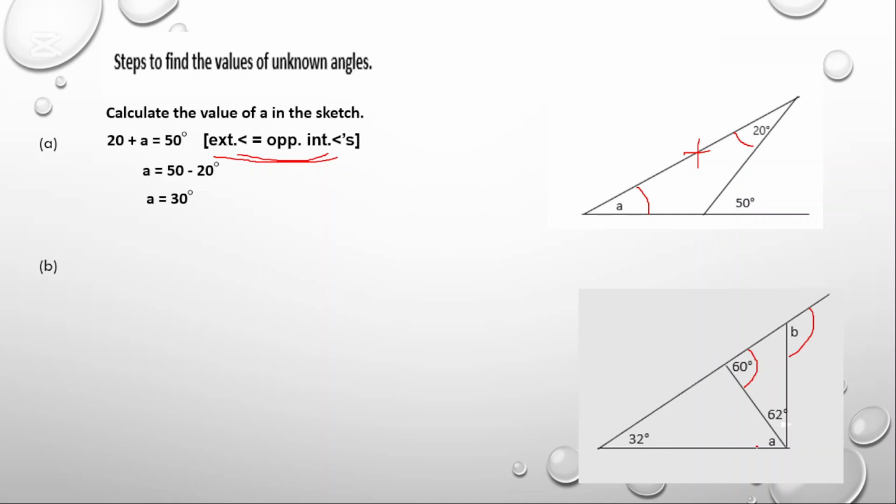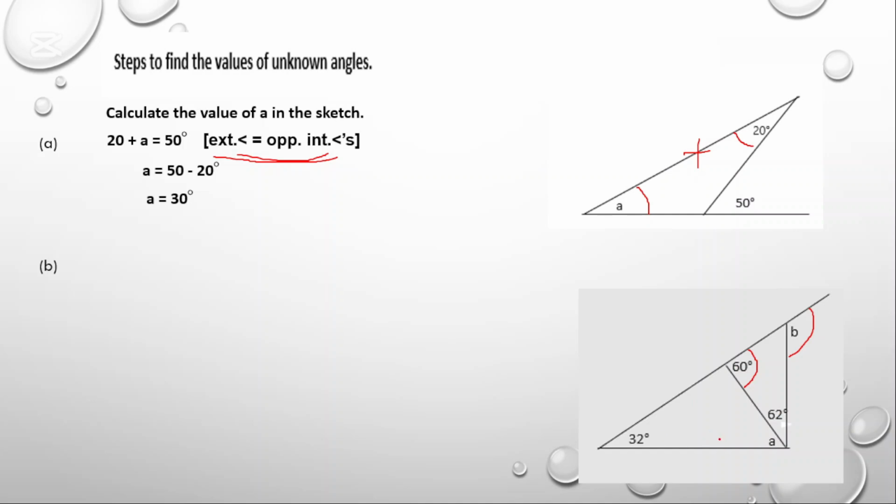So 32 plus A, these two, they are the opposite. Opposite A plus 32 is this 60, and opposite 60 plus 62 is B. So B is the exterior angle of this triangle here, and 60 is the exterior angle of this triangle here.